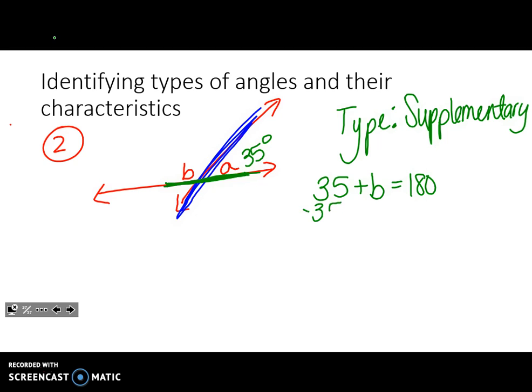I subtract the 35, and we get B equals 145 degrees. And that makes sense because this is an obtuse angle, which means it has to be greater than 90 degrees. And it is.